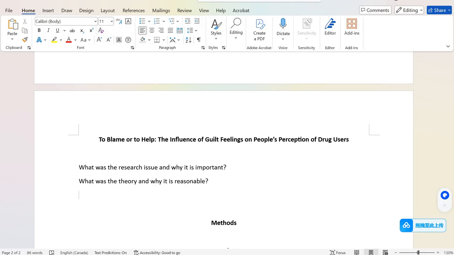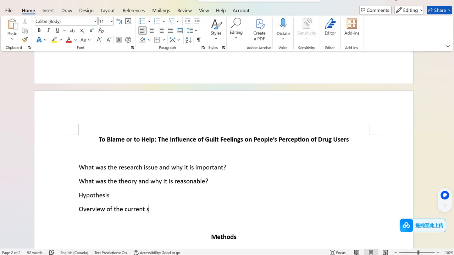And then the next part is, from the theory, you get the hypothesis: what was the prediction based on your theory? And then the last part of the introduction is an overview of the current study.